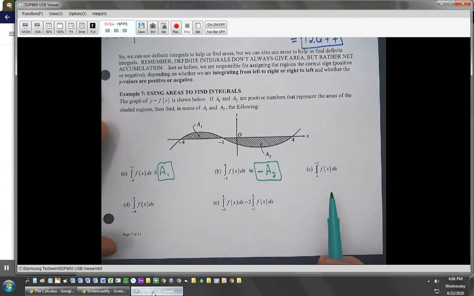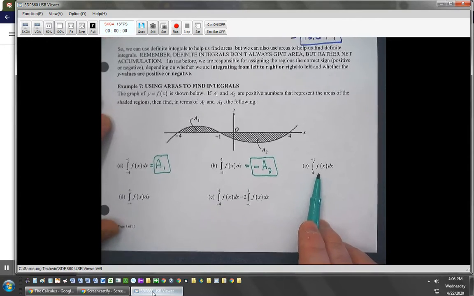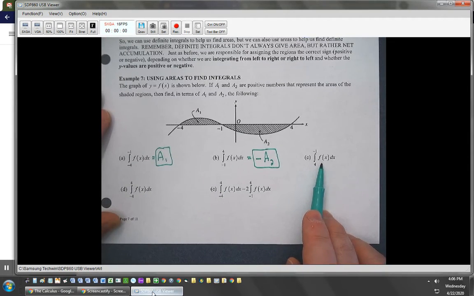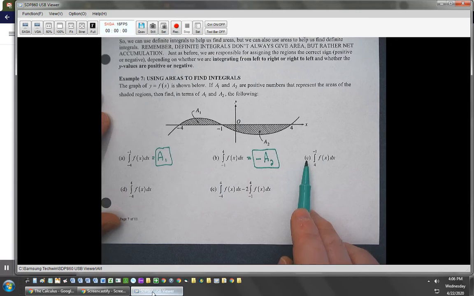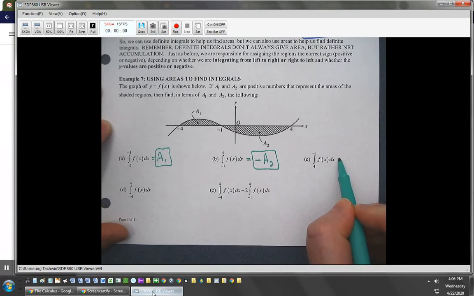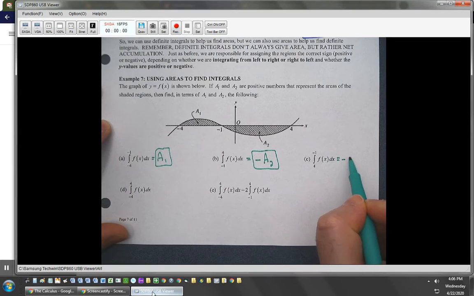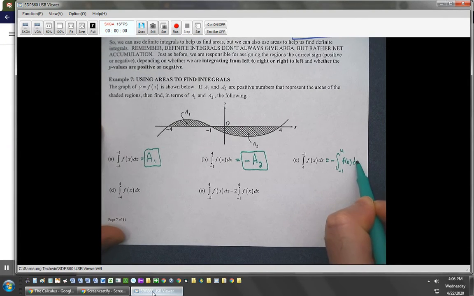Let's have you try a couple. Well, the first thing I notice here is that this is backwards, right? This goes from 4 into -1. Usually you want the smaller number on the bottom. That means you're allowed to just flip it around. This is the exact same as the opposite of the integral from -1 to 4 of f of x dx.